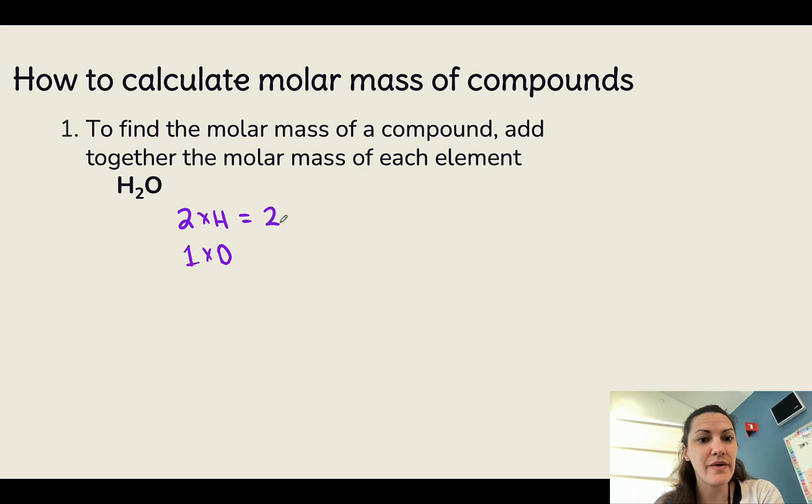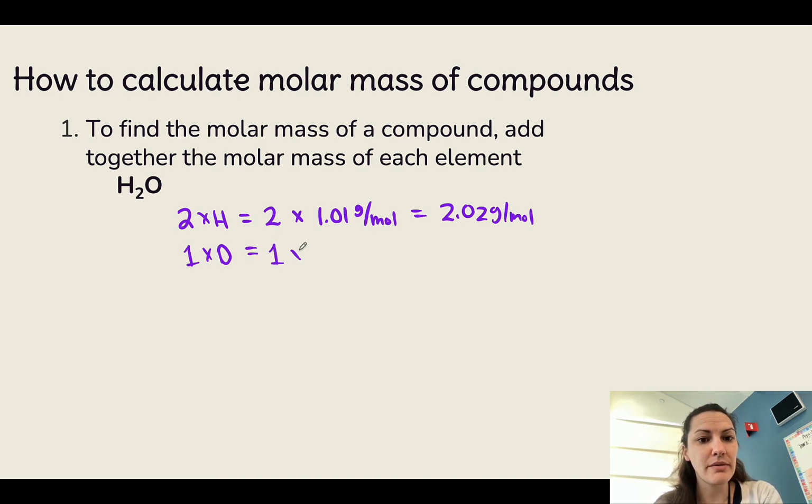So we've got 2 atoms of H times H's molar mass of 1.01 grams per mole. Okay, so that would be 2.02 grams per mole of the molar mass of water from the 2 H's.